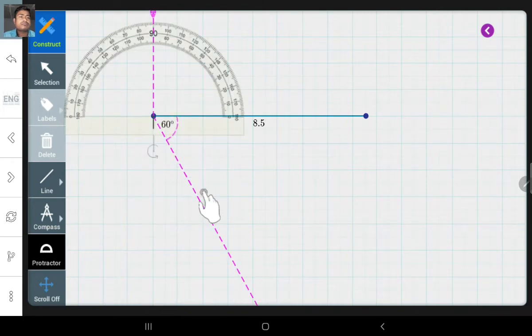The ray extends beyond the visible area of the screen. To see objects beyond the visible area, use the scroll tool.